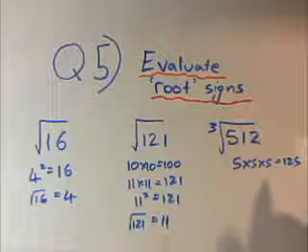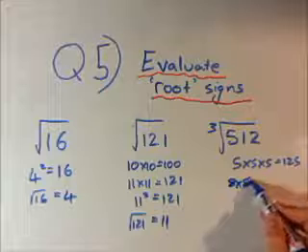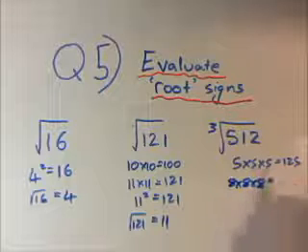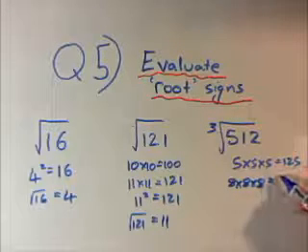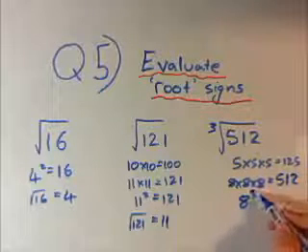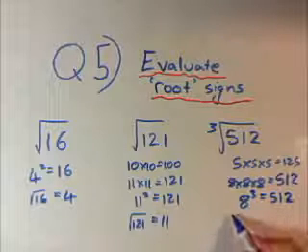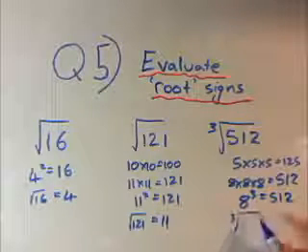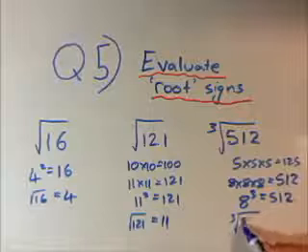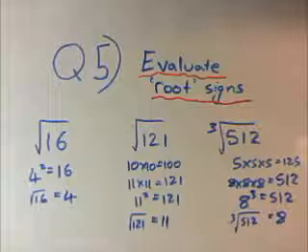So a little way off there. Now how about let's try 8. So 8 times 8 times 8. And that actually does equal 512. So we got lucky there with that guess. So 8 to the power of 3 equals 512. Or the cubed root, which is what this is called, of 512 equals 8. And that's our answer for that one there.